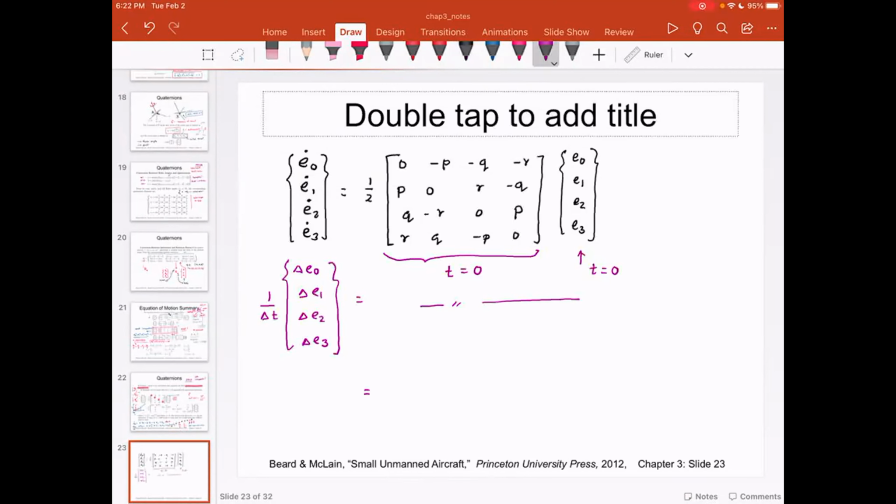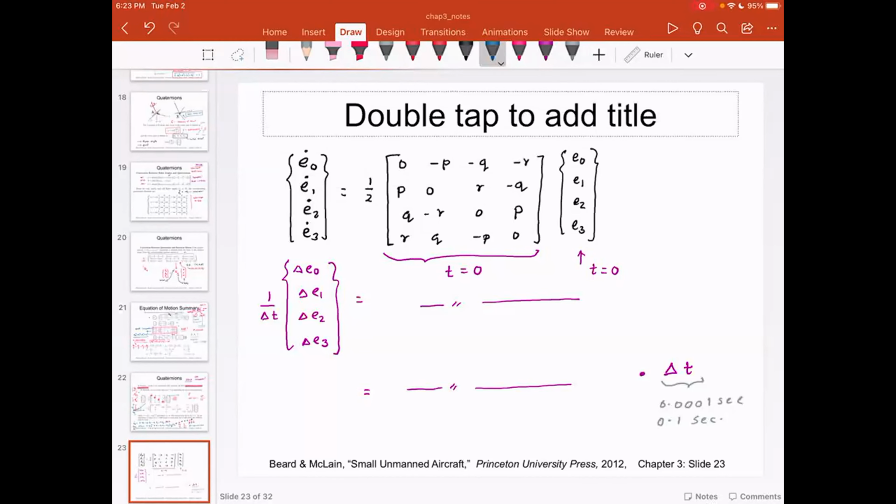I can take the delta t onto the right hand side, so I will multiply this big expression by delta t, and your time step could be as small as 0.0001 second, or as large as 0.1 second. If you have a large time step, your numerical integration is not going to be accurate. But if you have a small time step, your numerical integration can suffer from integration errors, floating point errors and round off errors. But there are ways to compensate for that.